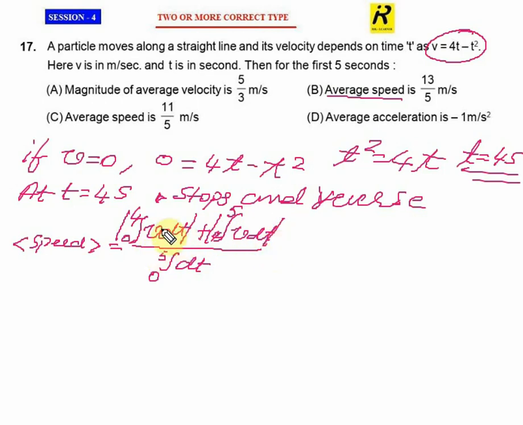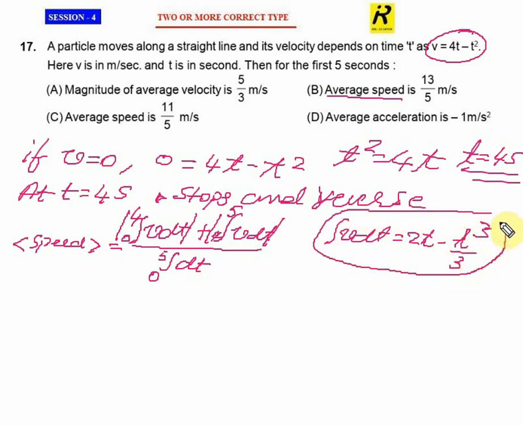It's modulus. I already know the integration of v dt from my previous calculation. The integration of v dt is nothing but t square minus t cube divided by 3, which you will get in my past calculation in the same question.